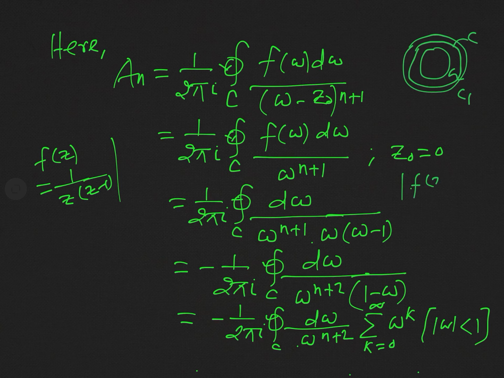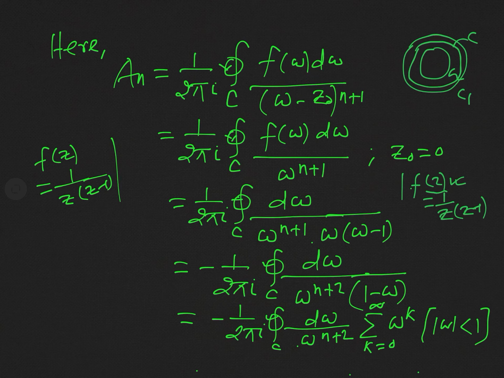Now in this problem the function f of z has been defined as 1 over z into z minus 1. So if we put z equal to w, because in our problem there is the function f of w, then we can write f of w as 1 over w into w minus 1, because z is replaced by w.